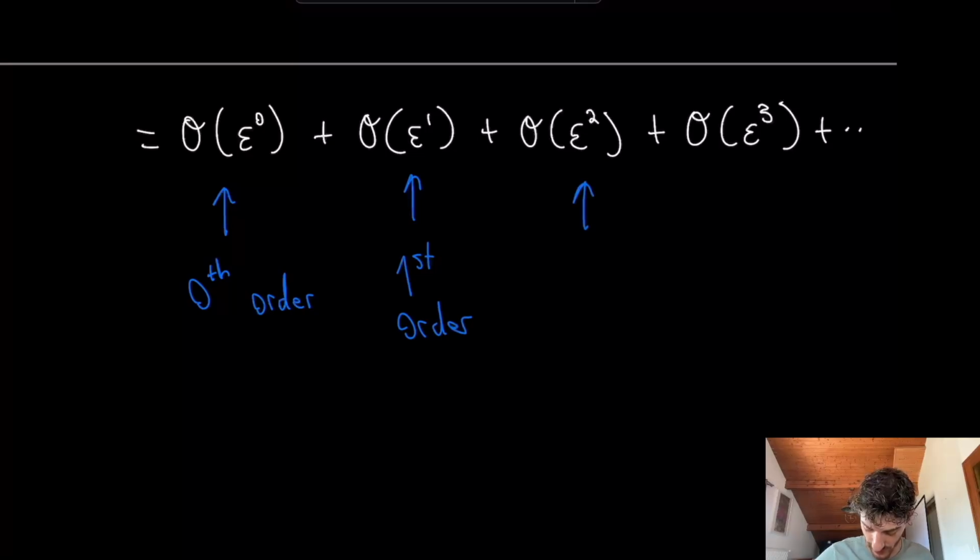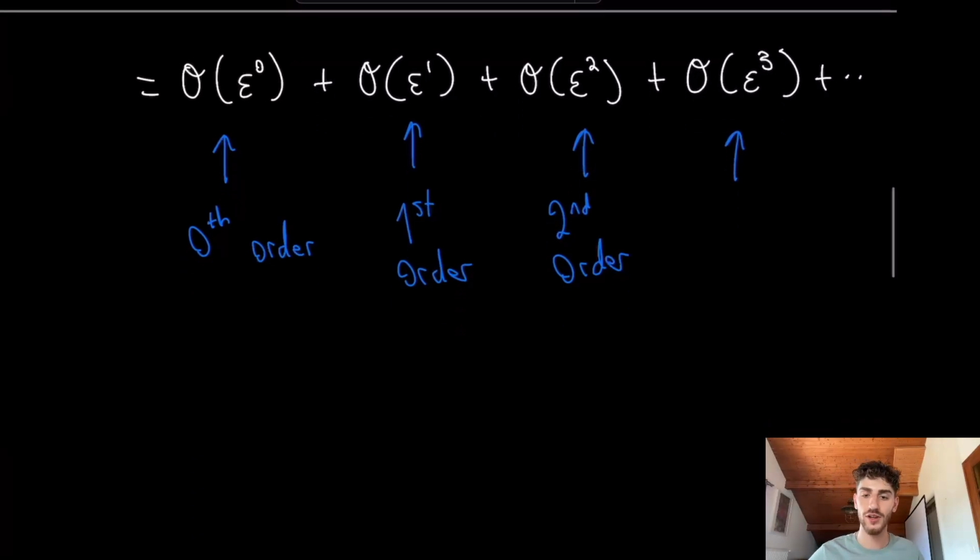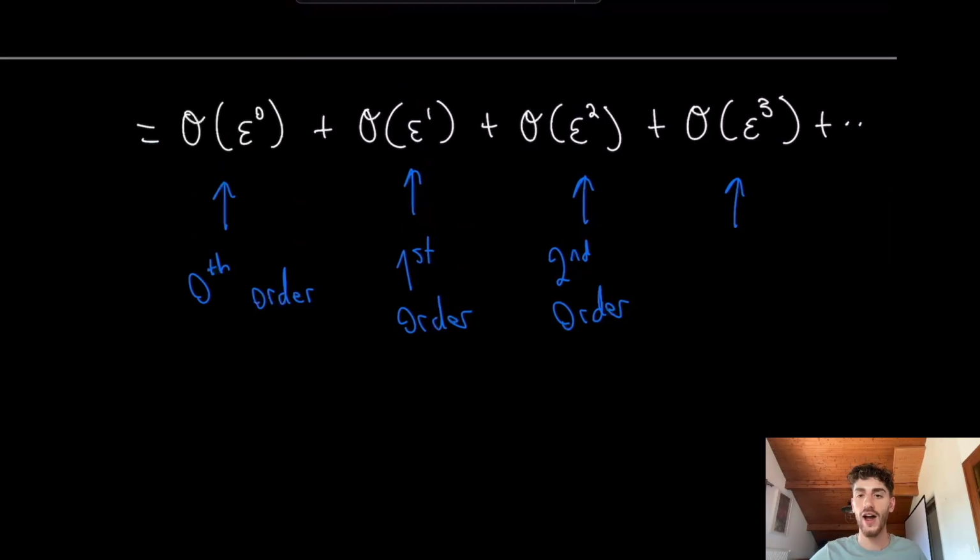This term is second order. And third order, etc. Since epsilon is small, as you get higher and higher order, epsilon squared, epsilon cubed, these higher order terms become very, very small, even smaller than epsilon was in the first place.